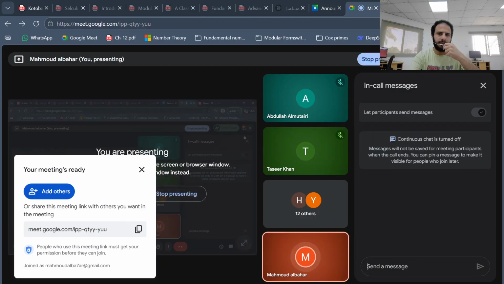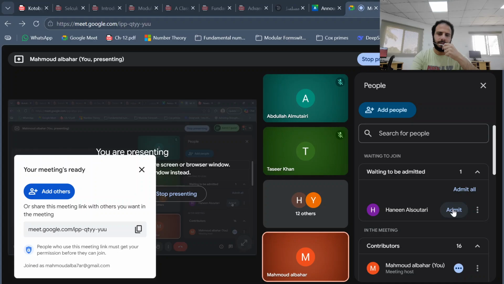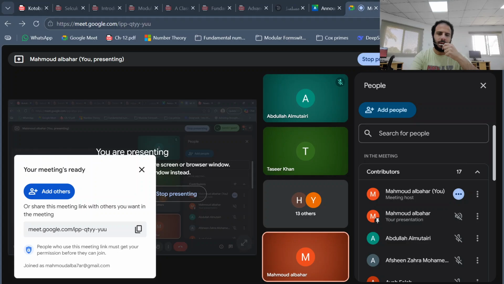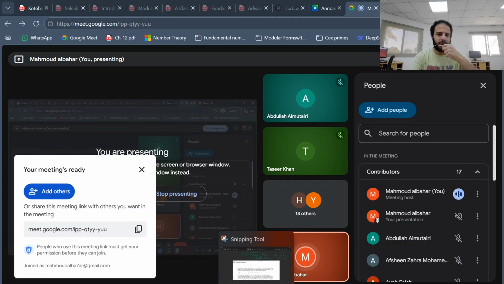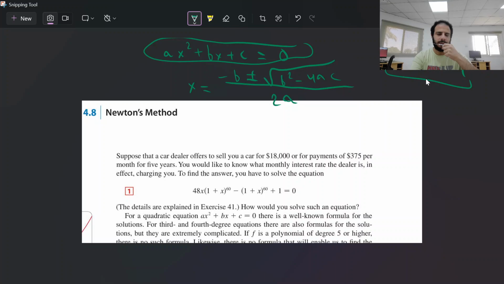Do you hear me? Yes. What do you think? Is there a formula for such an equation? No, there is no formula for this, right? There is no formula. But you can solve such an equation using graphing, for example, or using Newton's method.